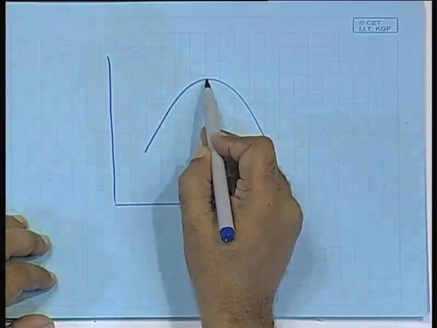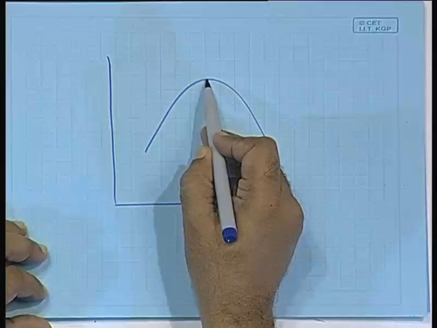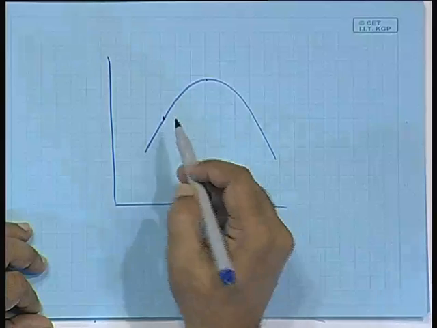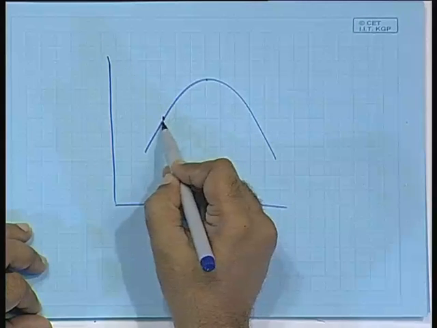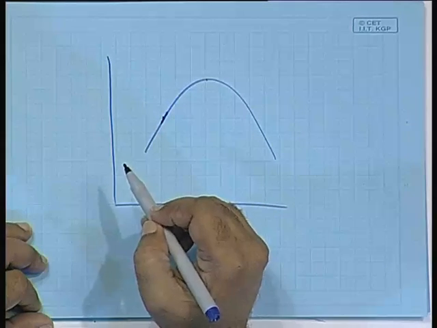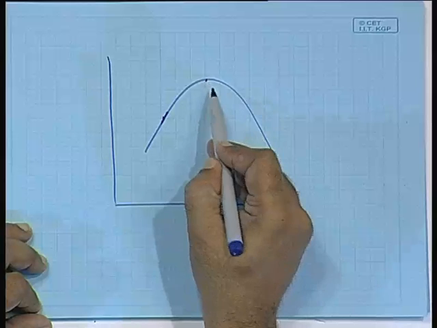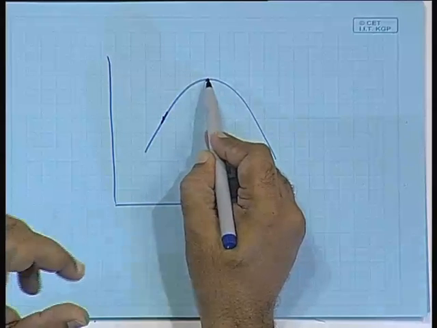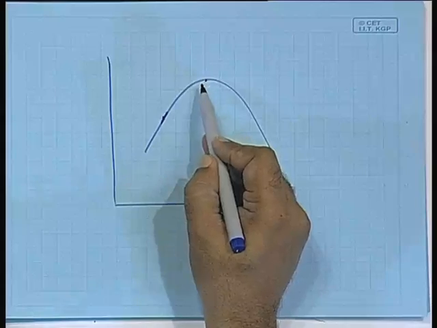What is the character of this point? See, if the point is here, then if you change it slightly, it varies by a large amount, but if it is here, if you perturb it slightly, it does not vary. That is the character of any maximum.